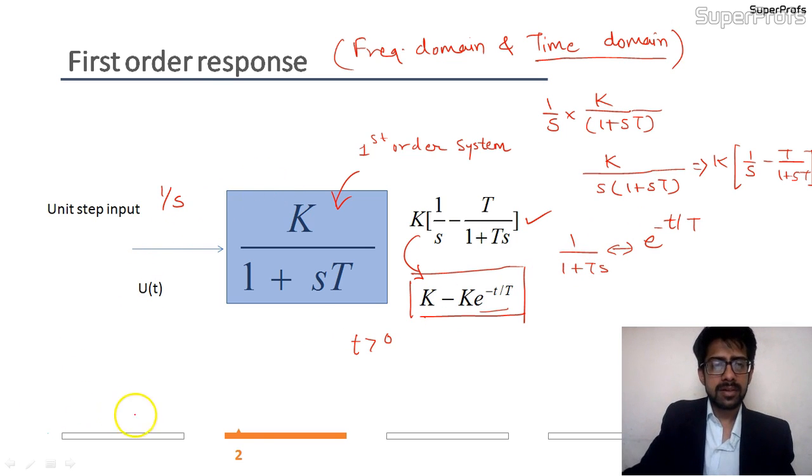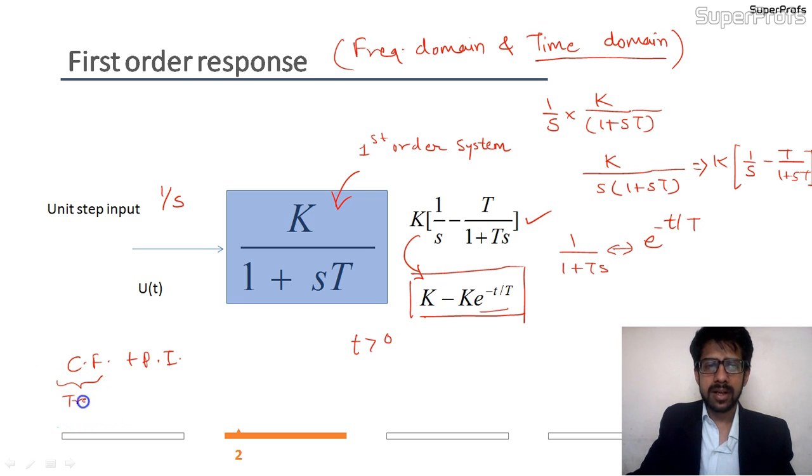Also remember, for any system in mathematics, while solving the system, you will have two solutions. One will be the complementary function and the other will be the particular integral. The complementary function is nothing but the transient response of the system, and the particular integral is the steady state output.